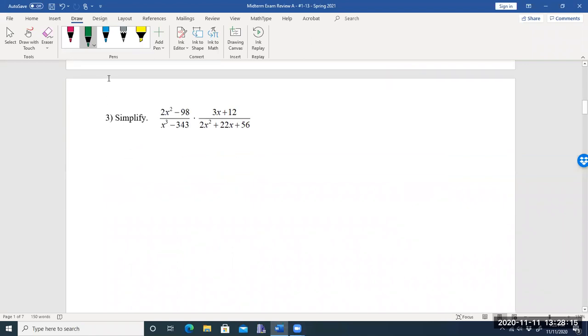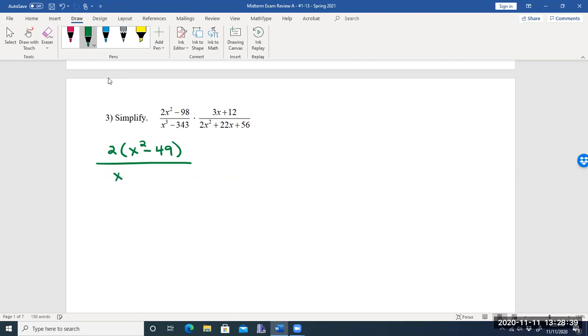All right, number 3. So first thing I'm going to do is I notice a bunch of GCFs. When we're factoring, the first thing we want to do is factor out a GCF if there is one. I notice in the first numerator a GCF of 2, so let me pull that out.